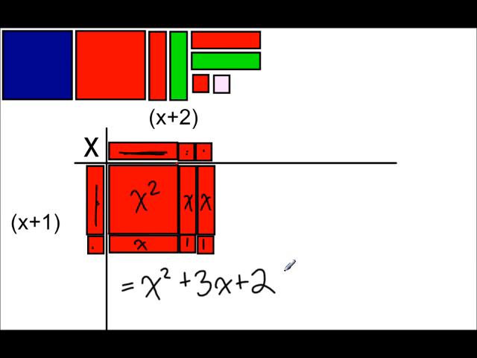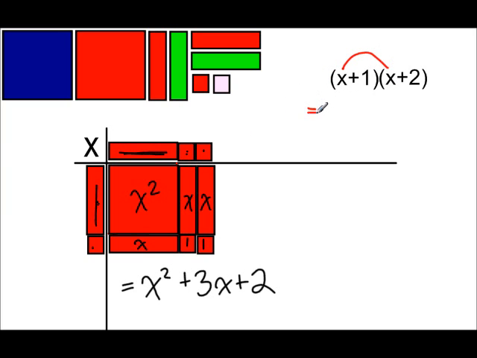Okay? So you can see that if I don't worry about the algebra tiles, right, I could use my expanding idea, and this x squared came from x times x. Then these two x's came from x times 2.